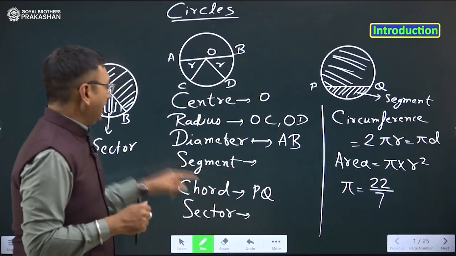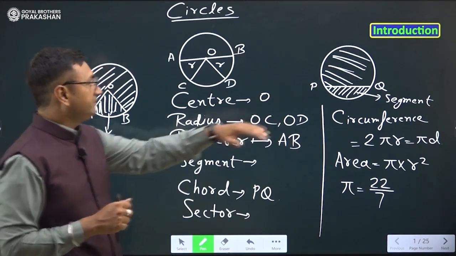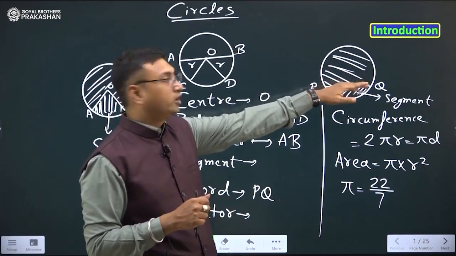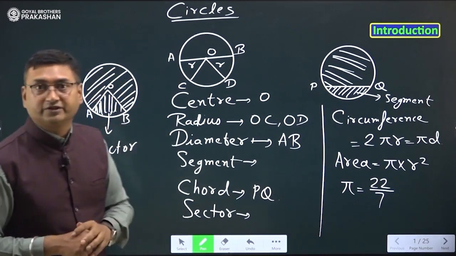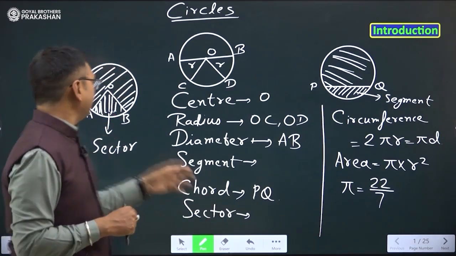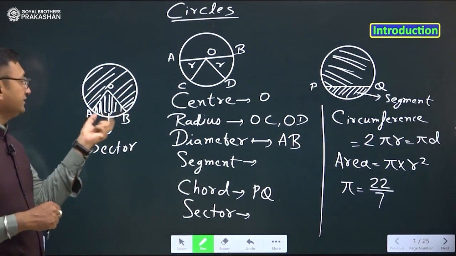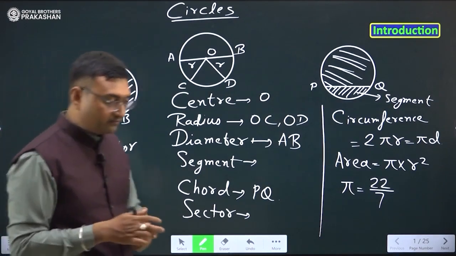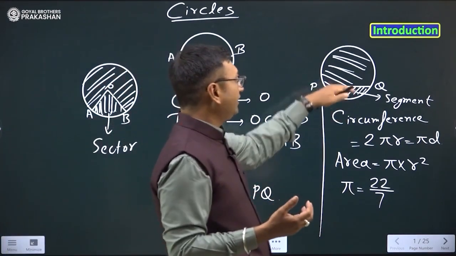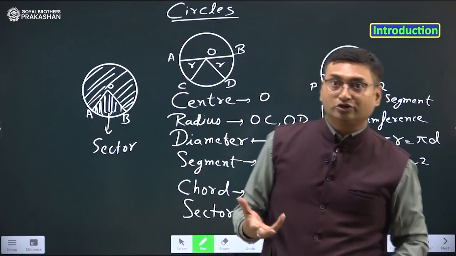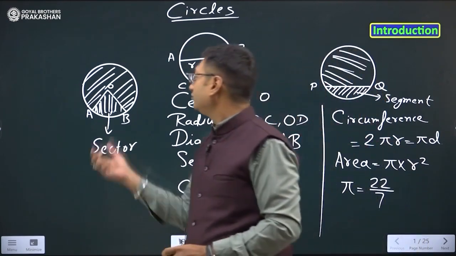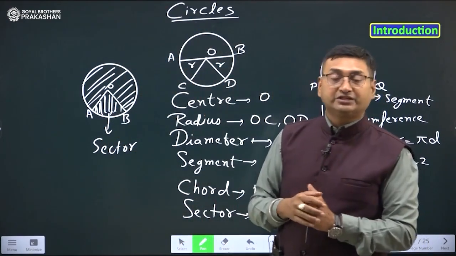Okay, and we have done segment. Segment means area between chord and the circumference. Sector means area between two radii and the circumference. Segment can be divided into minor segment and major segment, and sector can also be divided in the same way into minor sector and major sector.